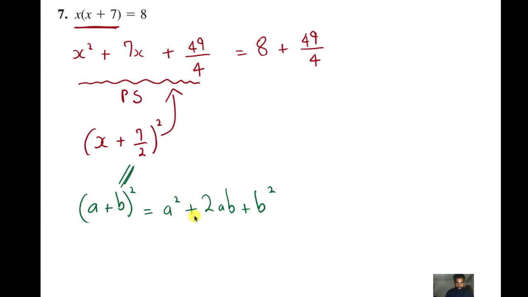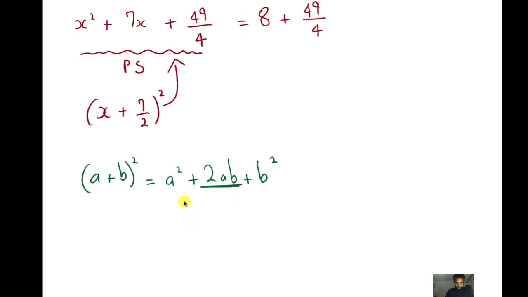And this middle term is also equivalent, plus 2ab. How is it equivalent to that? Well, let's make up some notation here for equivalency. 7x is equivalent to 2ab.